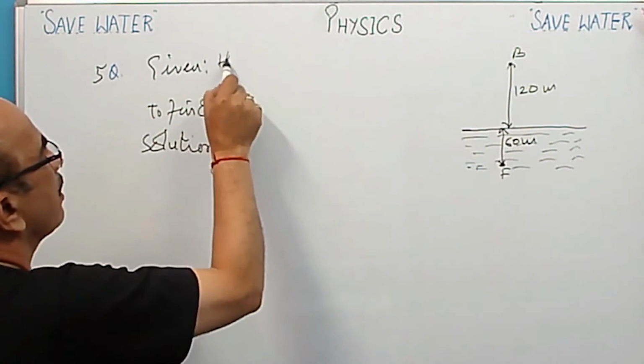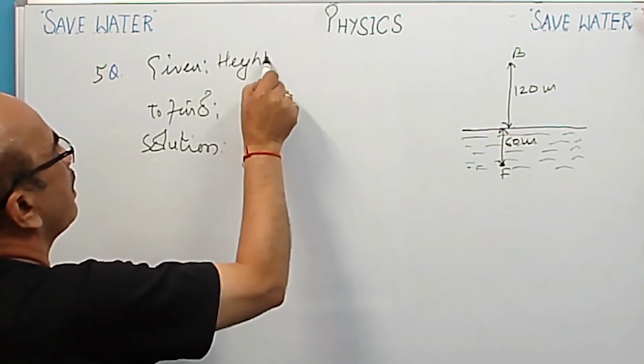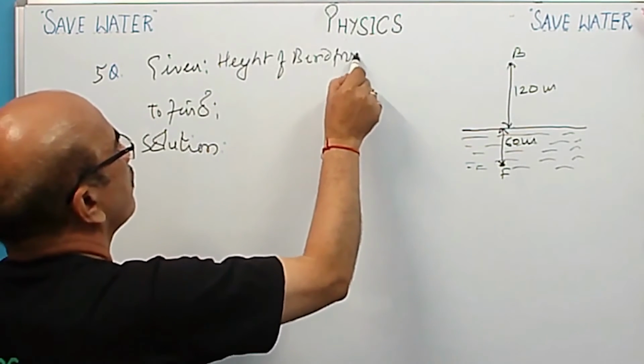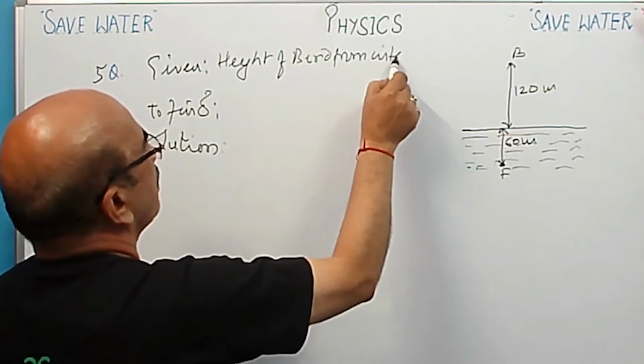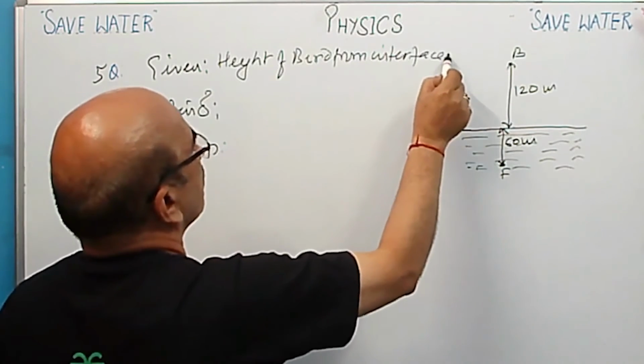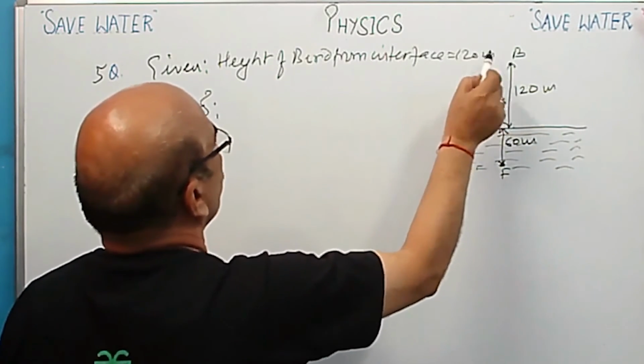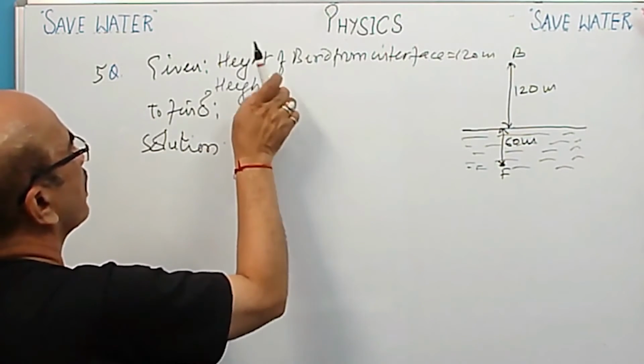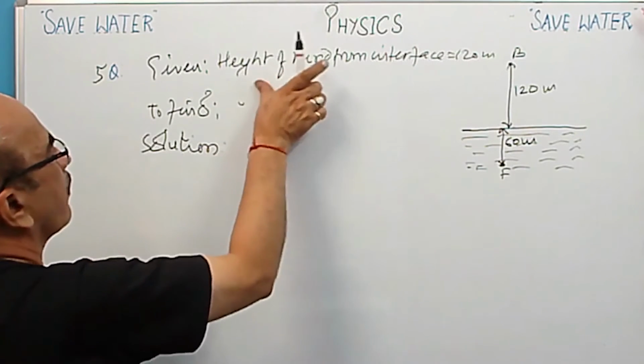So I am writing here: height of bird from interface is 120 meter. Oh, sorry, depth.